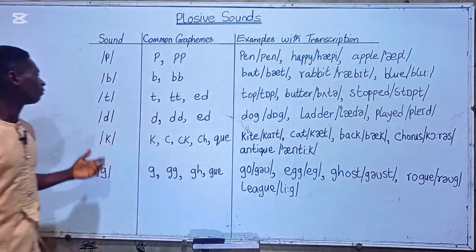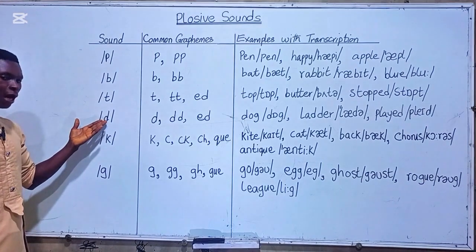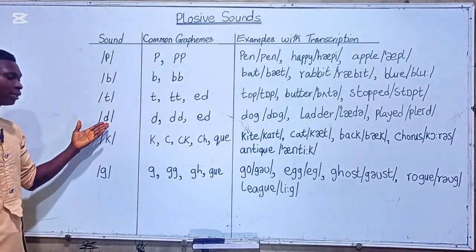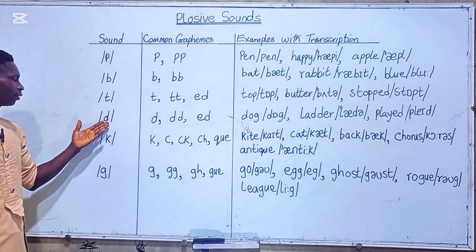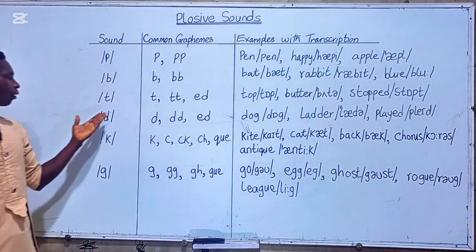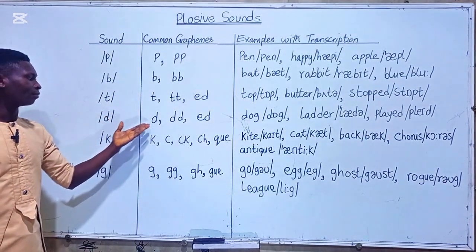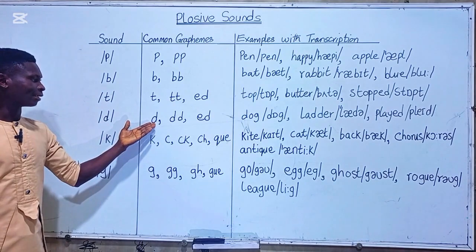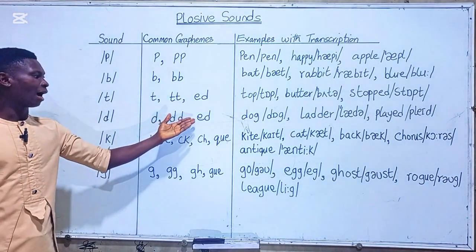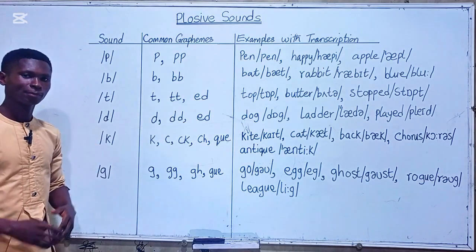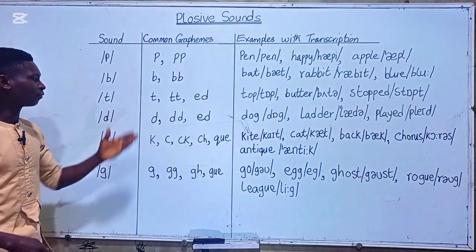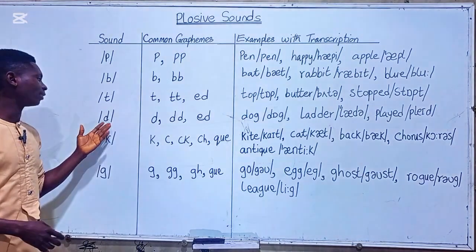Let's also consider the voiced alveolar plosive sound, which is D. This sound can be spelled by the graphemes D, DD, and ED. So, in place of D in words, we can have the D sound.